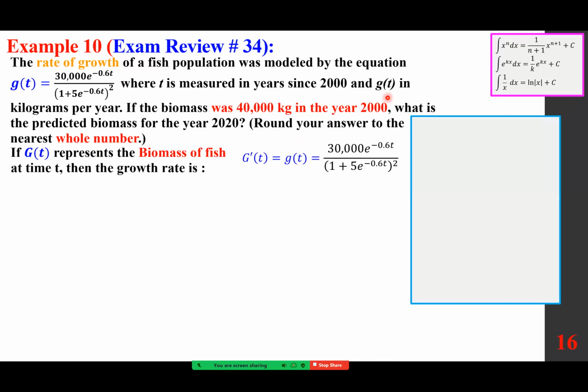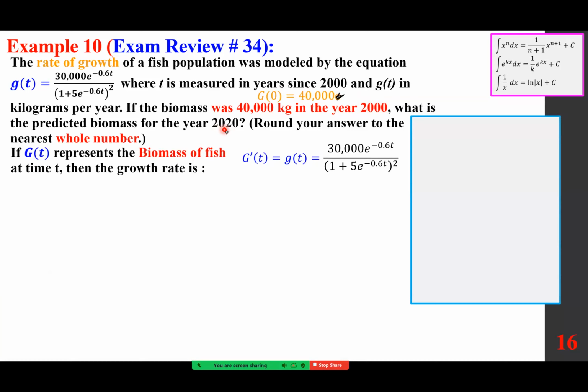With this being G of 0, it's just 40,000, the initial value, because we are taking the year 2000 to represent the initial time.